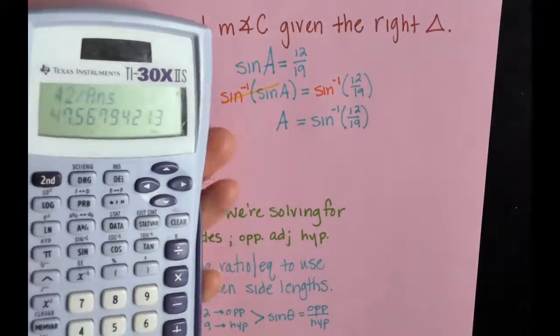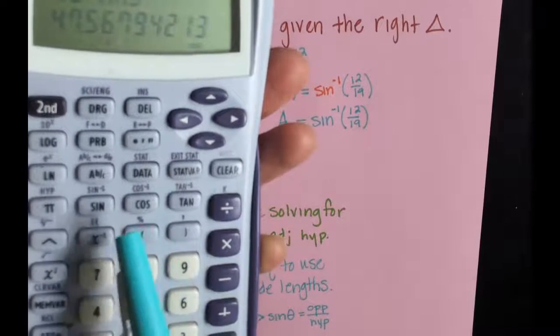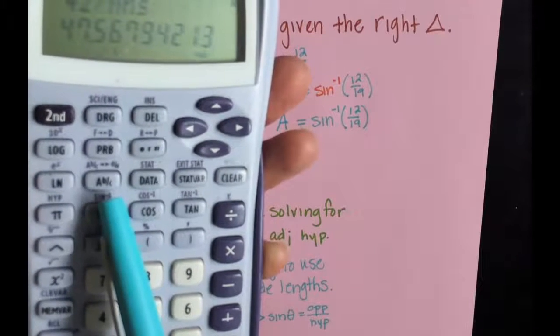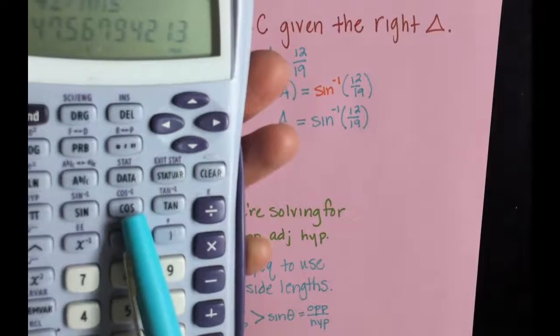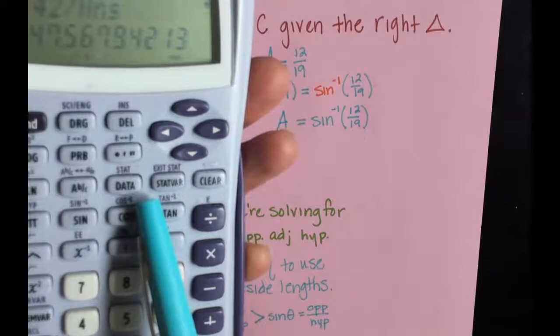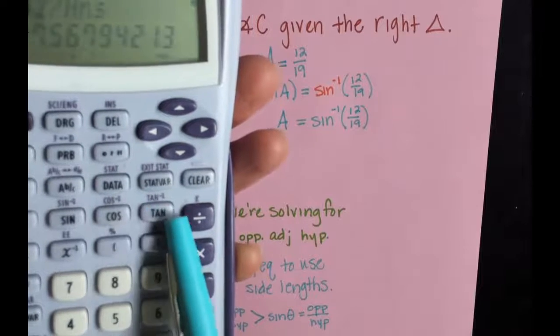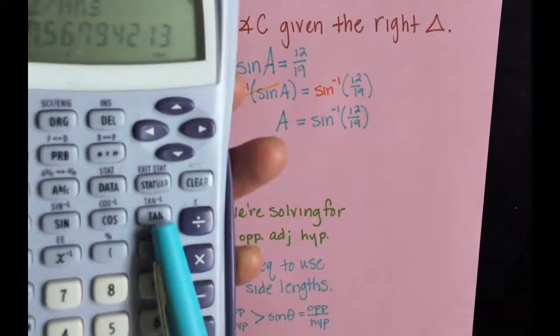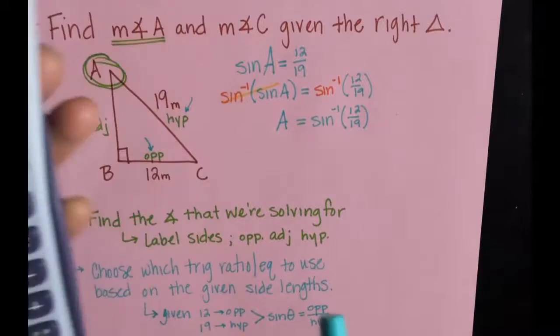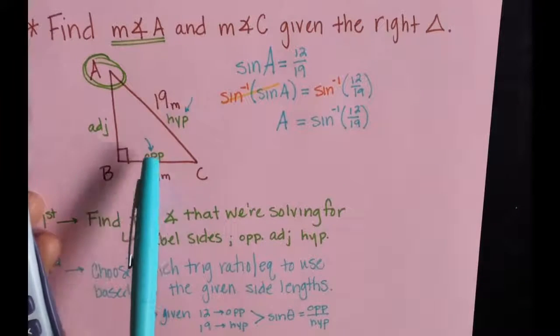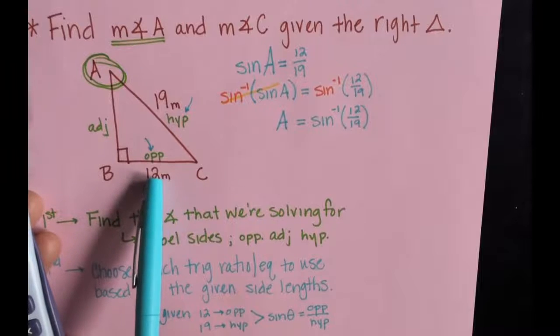Above each one of these, you can kind of see it here, we have sine, and to undo sine, we have inverse sine. If cosine is the one we had to use here, then we would undo it using inverse cosine. And if tangent was the one we were forced to pick here, we'd undo it using inverse tangent. So again, I had to pick sine because it fit the equation.